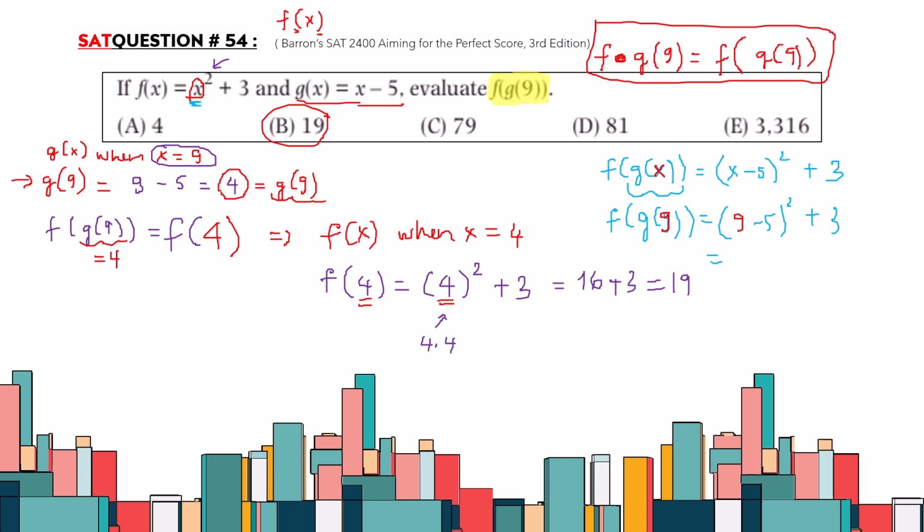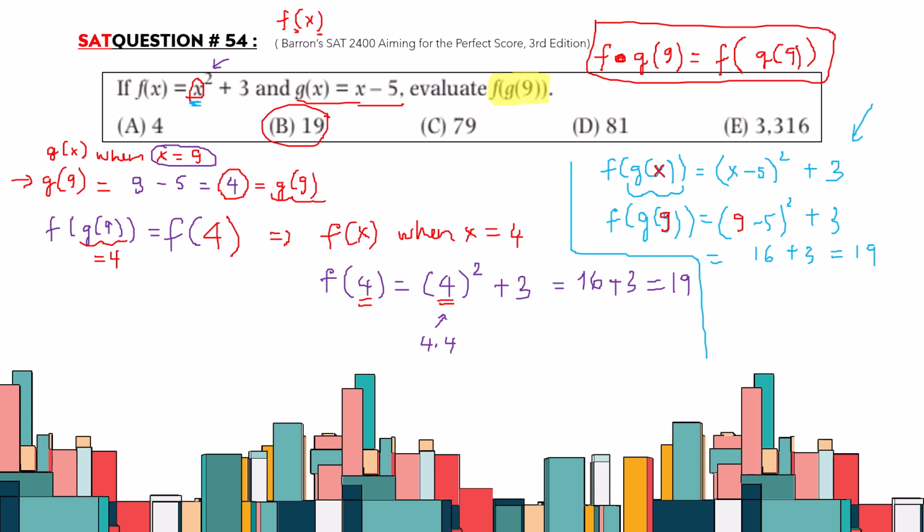So 9 minus 5 is 4. 4 squared is 16. Plus 3 is still 19. It still gives you 19. This one I just go directly, while the other one you calculate step by step.